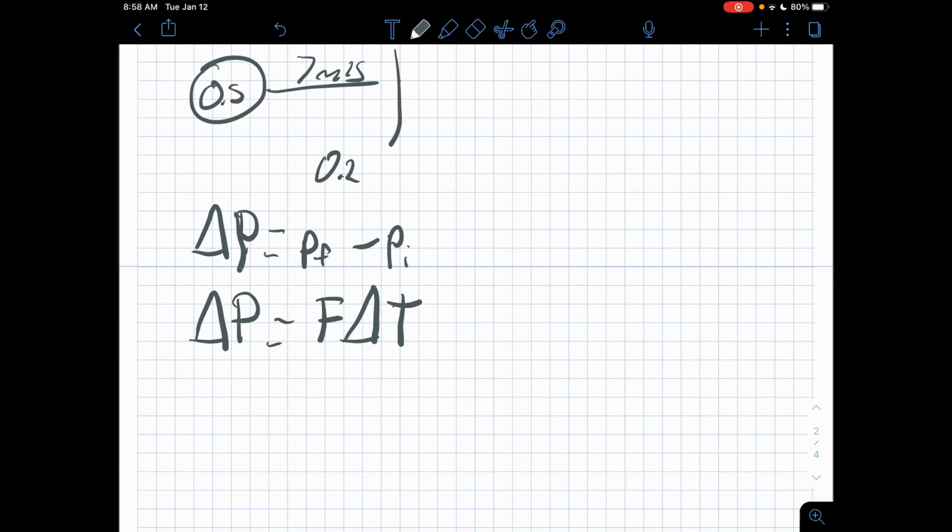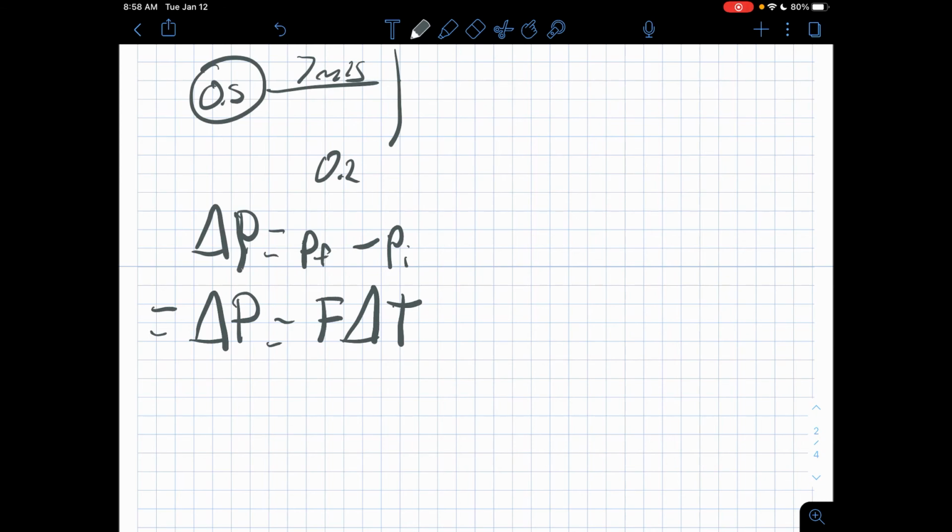With this, we can conclude that these two actually equal the same thing. The final momentum subtracted by the initial momentum is equal to the force times the change in time. You can use either of these to double check, depending on how they ask you to solve the equation.